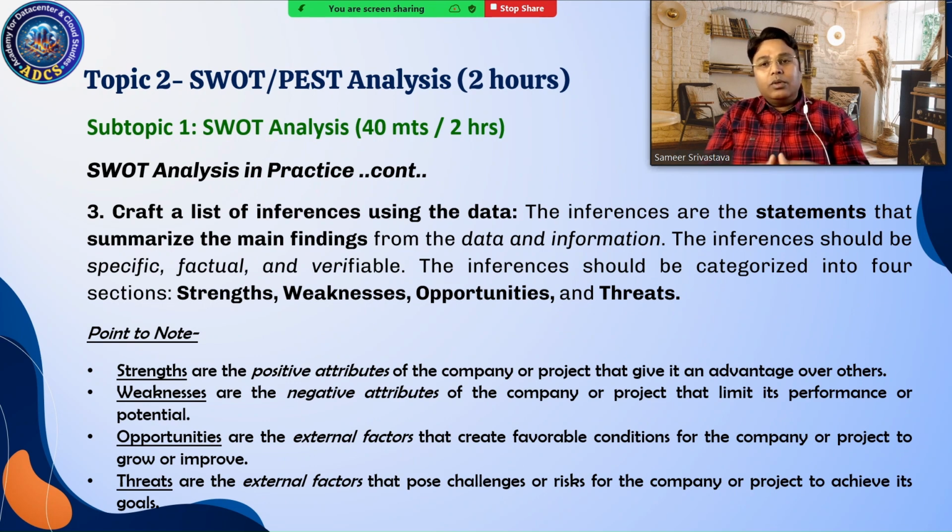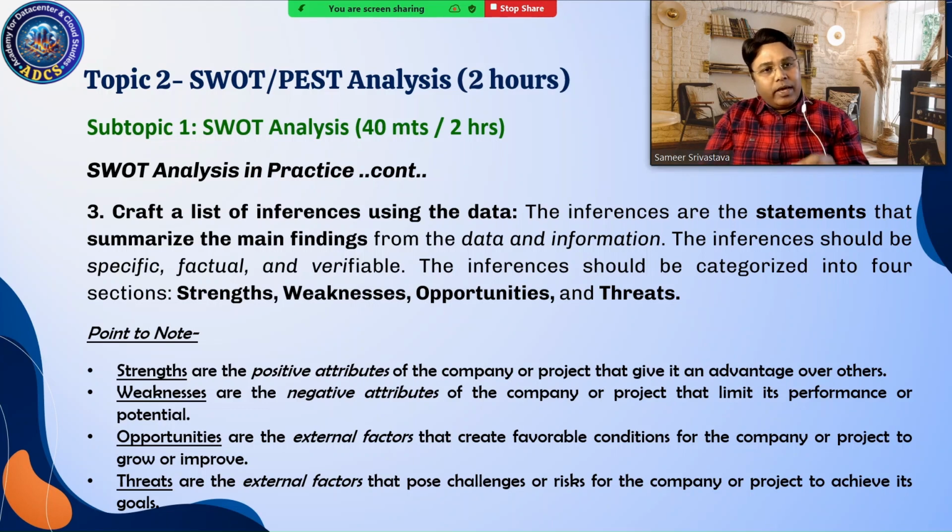Then third is you craft a list of inferences using the data. After you have gathered the data, the facilitator sits with all the stakeholders, partners, and resources, and then analyzes the data. The inferences are basically statements that summarize the main findings from the data and information.